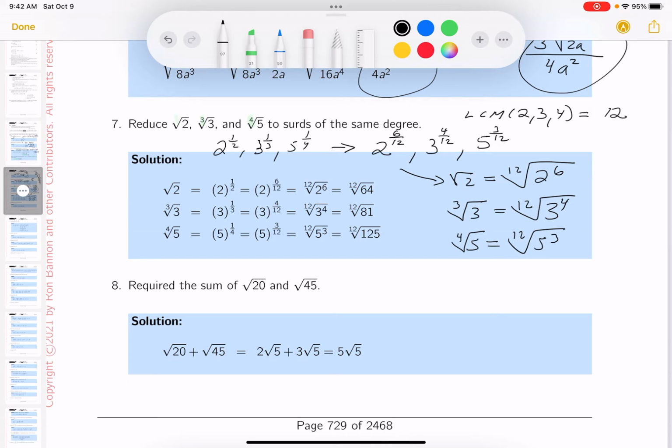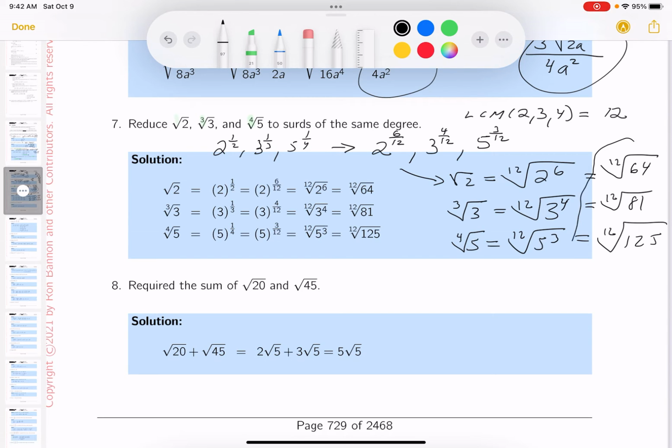I want to write these down. As I do it, it's going to be the 12th root. I can do 2 to the 6th. 2 times 2 is 4, times 2 is 8, 16, 32, 64. That's pretty easy to do. 3 to the 4th is 3 times 3 is 9, times 3 is 27, times 3 is 81. And this one over here would be the 12th root of 5 cubed. That's 5 times 5, which is 25, times 5 is 125.